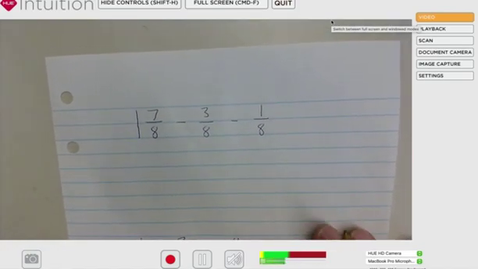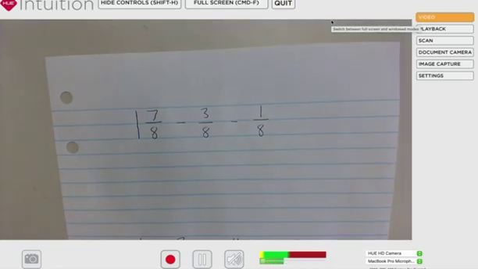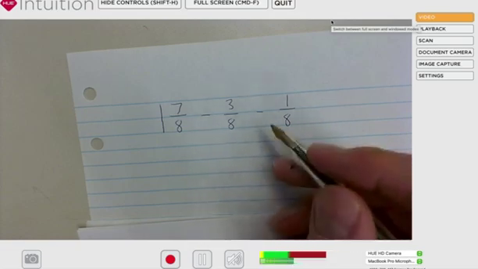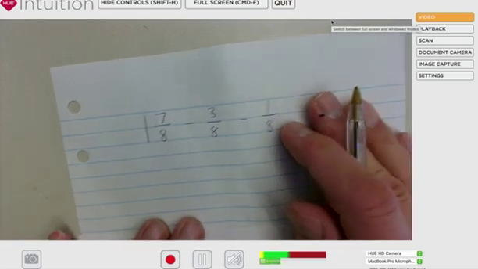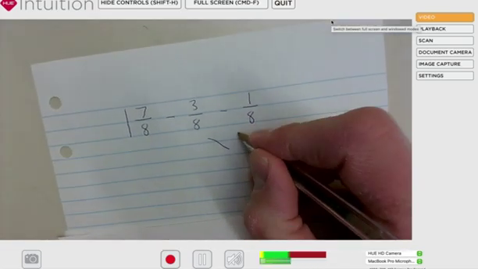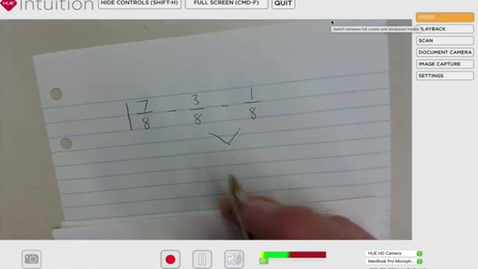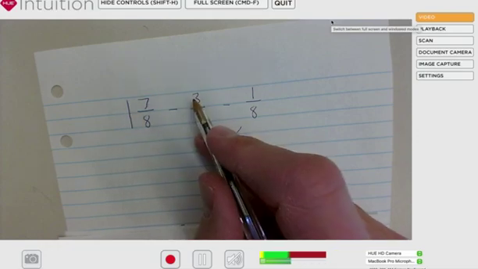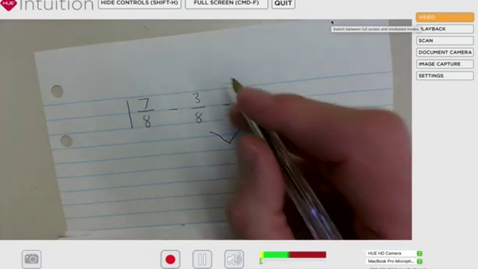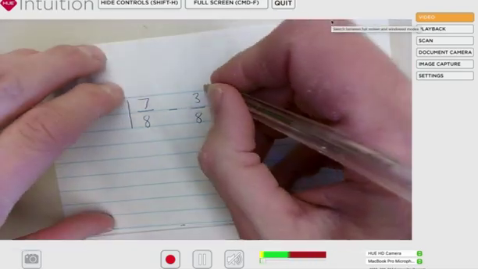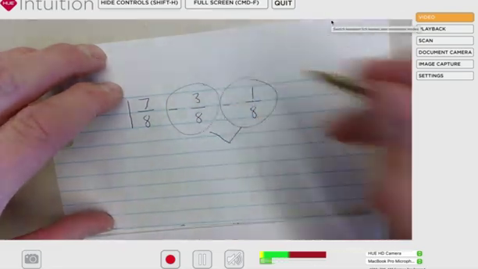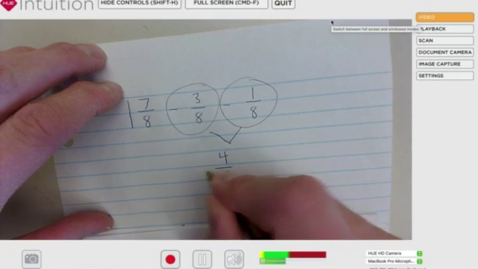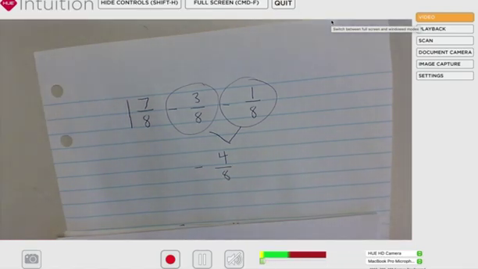It's really not as bad as it looks, my friends, because instead of taking 2 little teeny weeny ones, we'll just combine these 2 together, make the little caret right here. And instead of 1 7/8 minus 3/8, we'll just combine this one and this one into a 4/8. And we'll subtract that instead. Does that make sense?